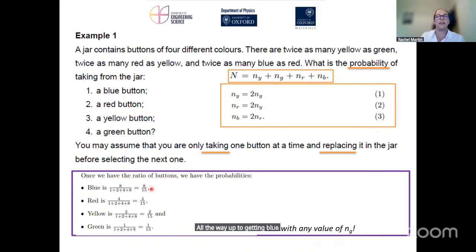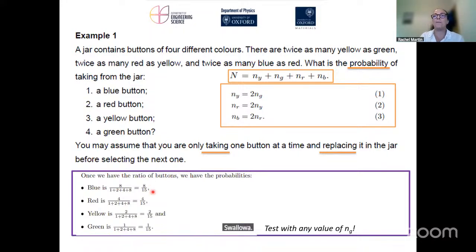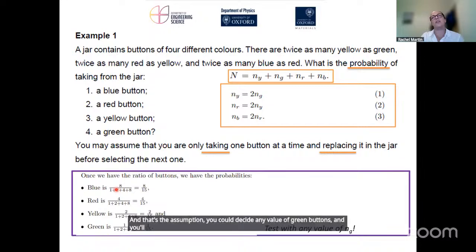Blue is 8 over 15. So you can actually test that if you want to test the assumption. You could decide any value of green buttons, and you'll still end up with those probabilities.